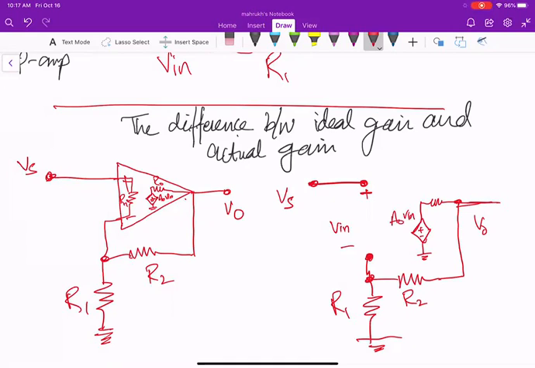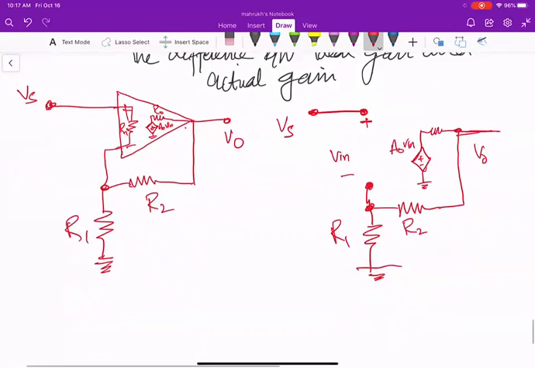Right? Now I just say that in this black box, the voltage drop is V in. Another thing: as we know R0 is very, very small, so I'm just drawing it as a wire.